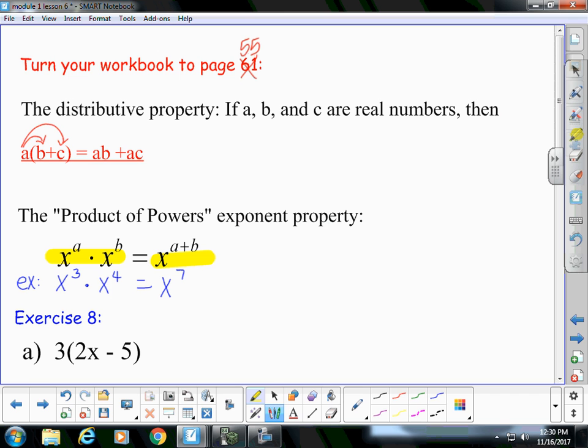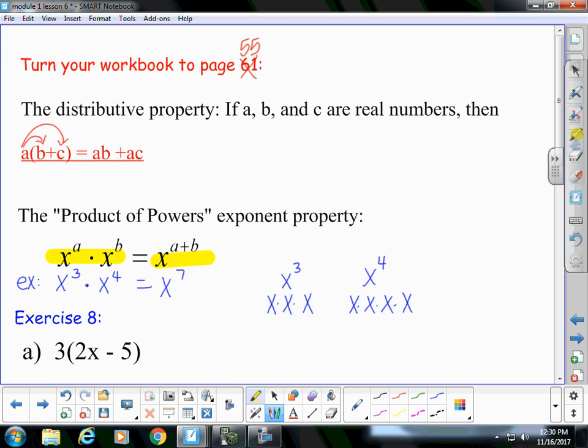The reason why that works is because x to the 3rd power is really the same as saying x times x times x. X to the 4th power is the same as saying x times x times x times x.